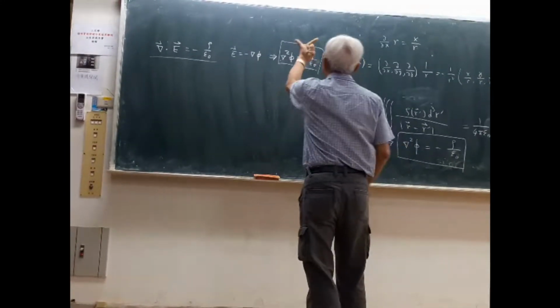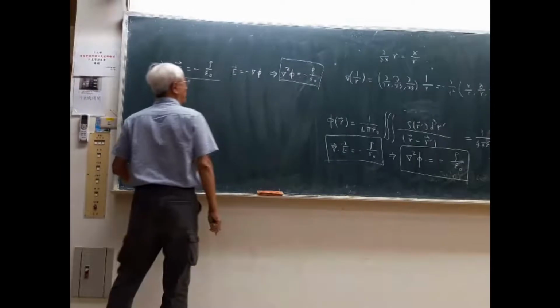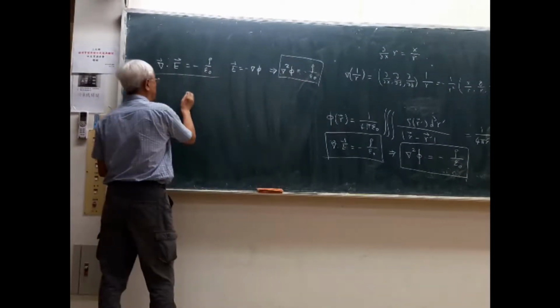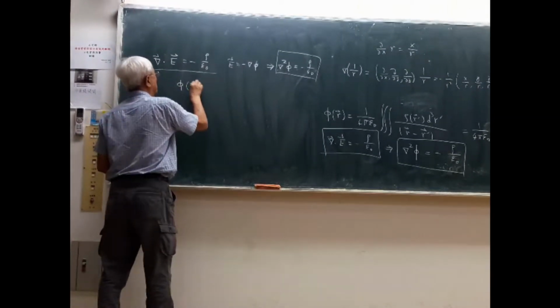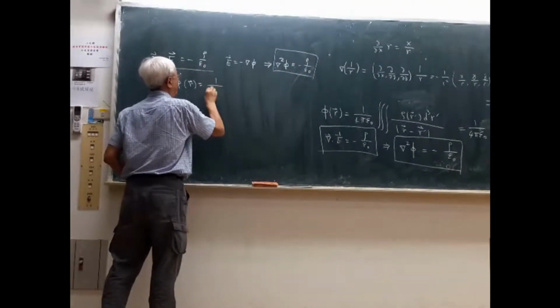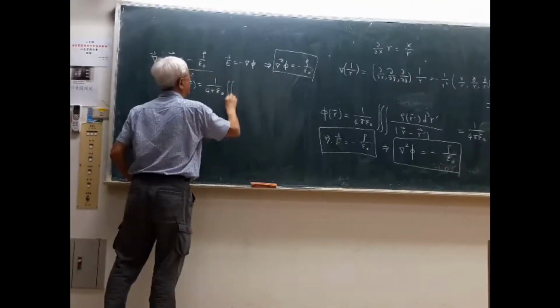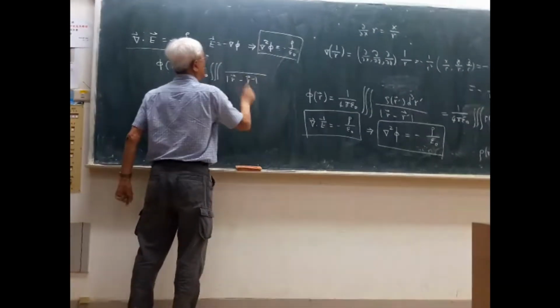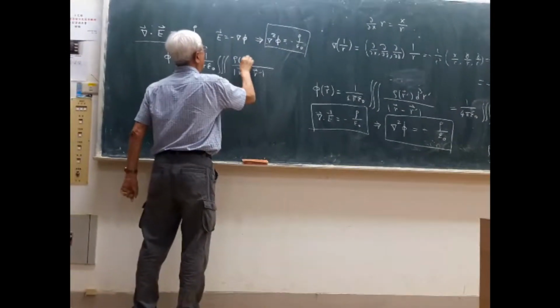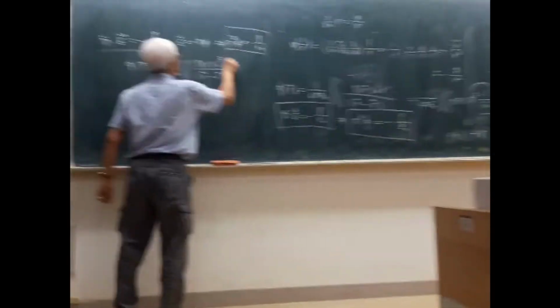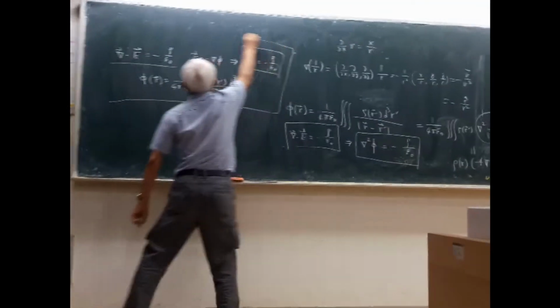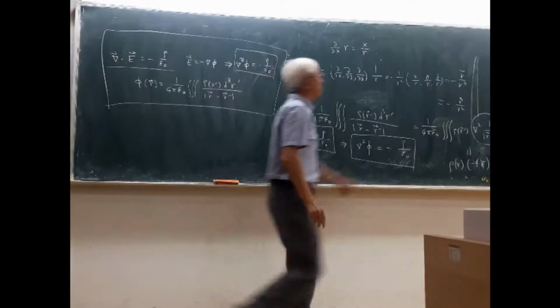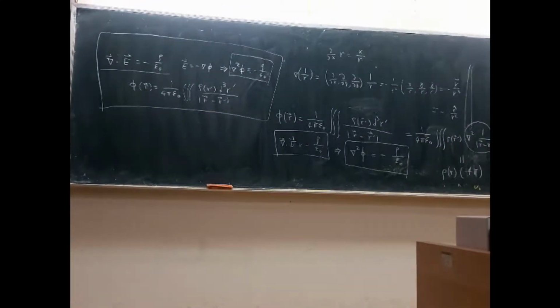Then this is the Poisson equation, and the solution of that Poisson equation is equal to 1/4 pi epsilon naught times the integral of rho. So that's what we have done, but I just want you to remember this one.